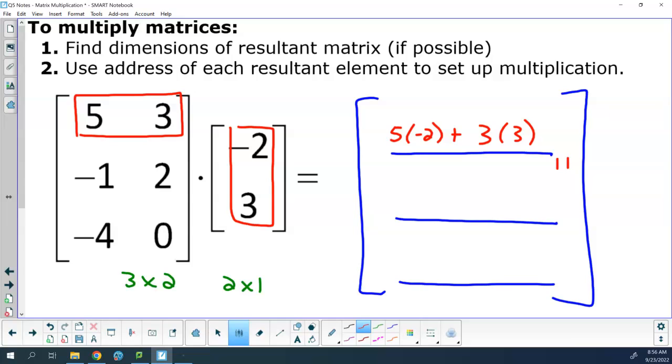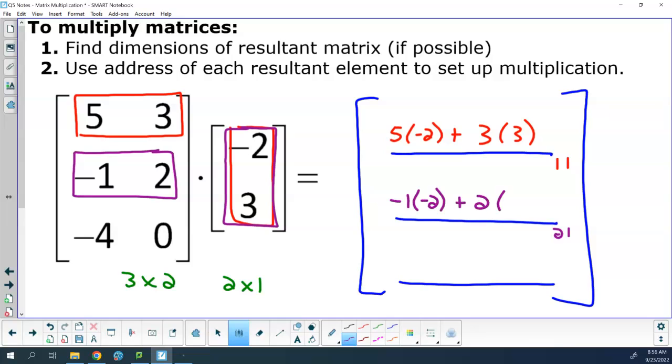The address of this next one is row 2, column 1. So I'm going to take the second row of my left matrix and multiply it by the first column of my second matrix. That's going to be negative 1 times negative 2 plus 2 times 3.